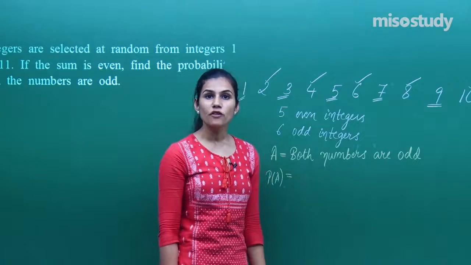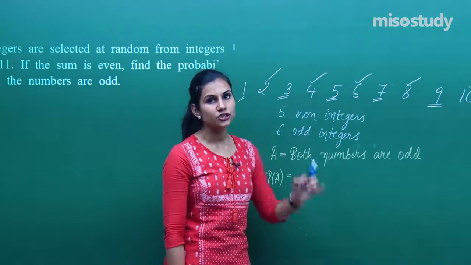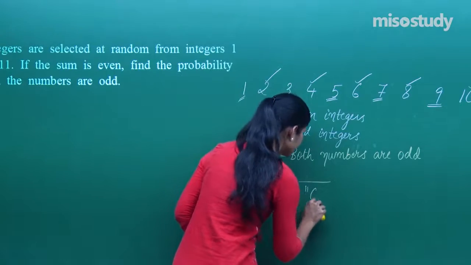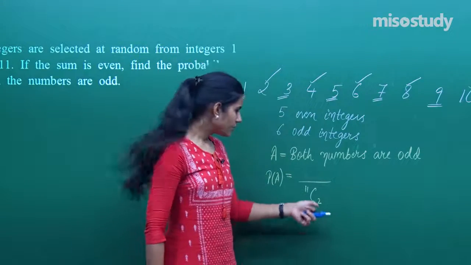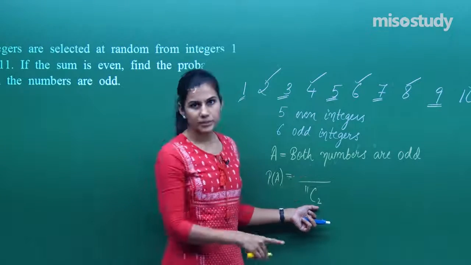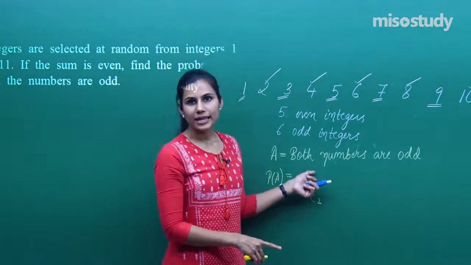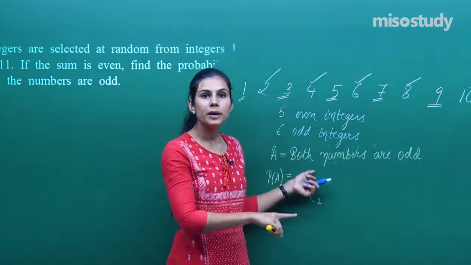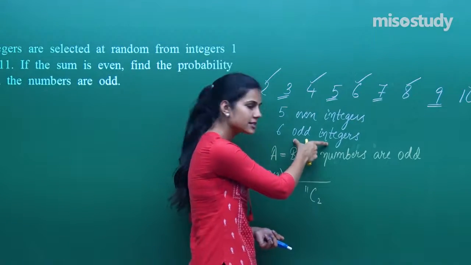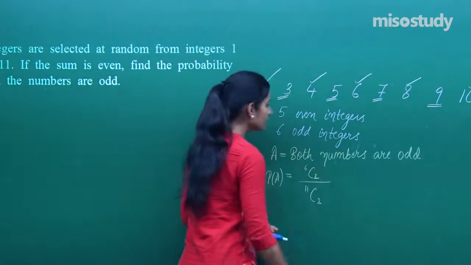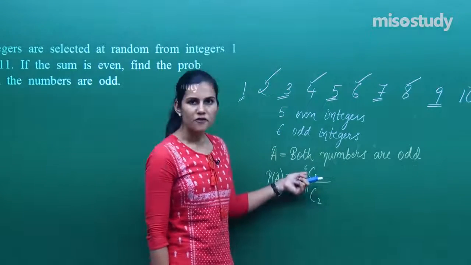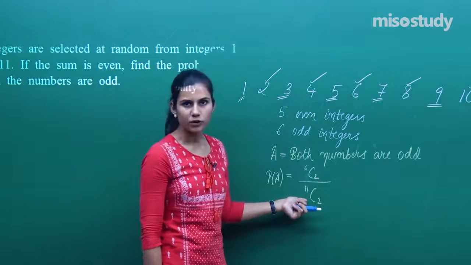So total number of ways in which you can select 2 numbers out of these 11 numbers is 11C2. Out of these ways, how many are the ways in which you can have both of them as odd numbers? Total odd numbers in here are 6. Out of 6, you can choose any 2 in 6C2 ways. This is the favorable number of ways, this is total number of ways.